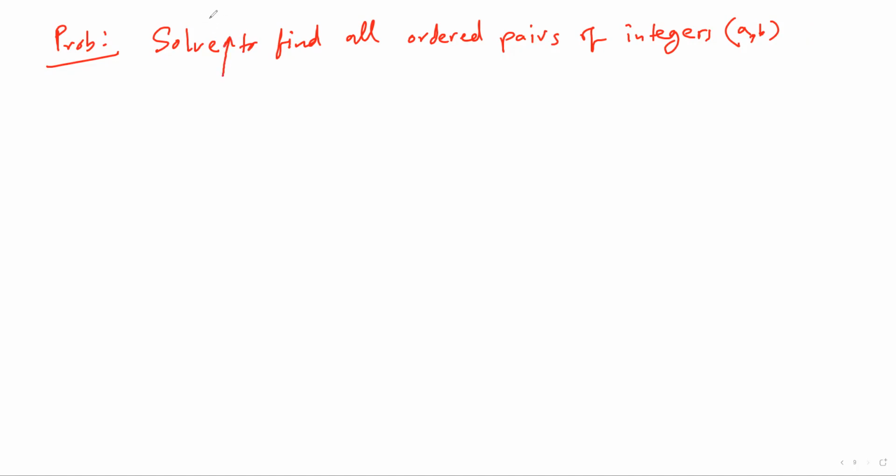So let's write the equation. Solve the equation, for example, 185x plus 395y equals 1.